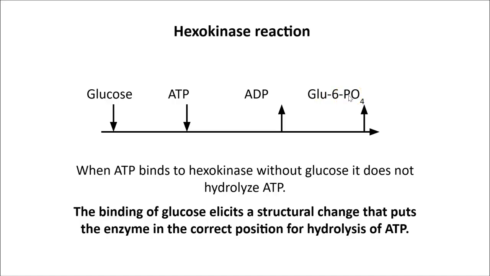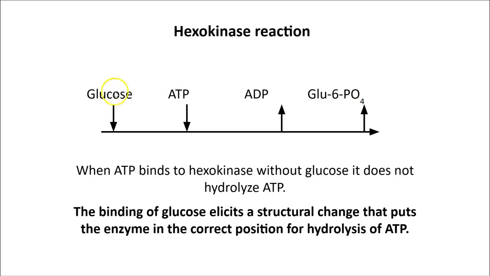And so the binding of glucose to the enzyme actually elicits a structural change within the enzyme to now be able to hydrolyze ATP to ADP. But without that glucose molecule, the ATP binds to the hexokinase enzyme, and it does not actually hydrolyze the ATP.